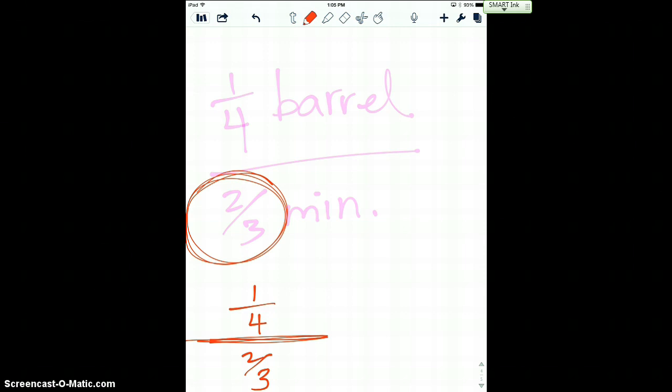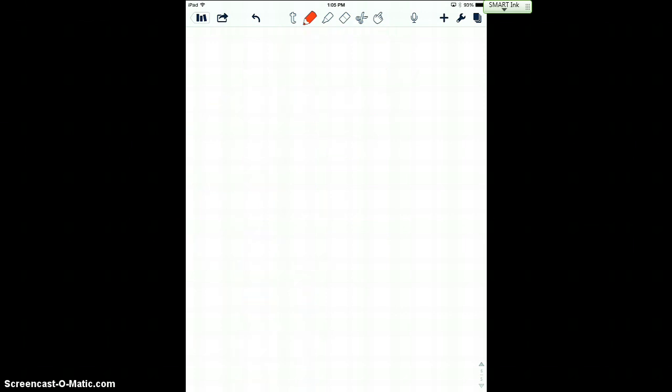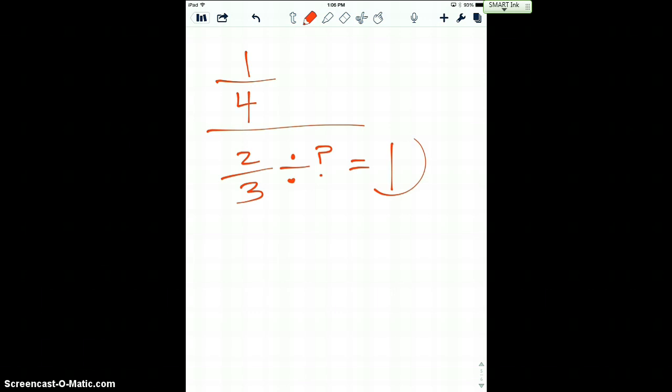Well, yeah, you could. But then you need to figure out what to do with 1/4. So how can I morph 2/3 into 1? Well, let me show you. Maybe you already know, you can pause the video and try. I'm going to take 2/3 and divide it by a number that'll make it be equal to 1. So 2/3 divided by what is going to give me what I want? 1.